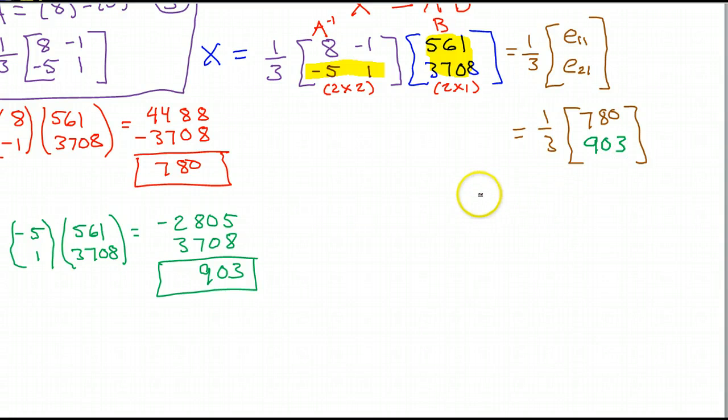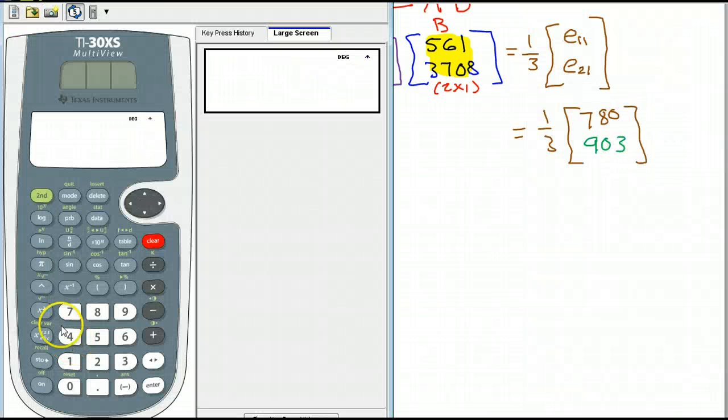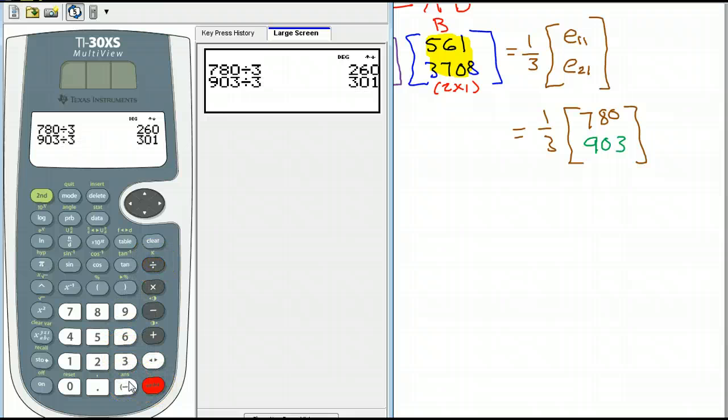All I have to do now is divide both of these by 3 to deal with that 1/3, and then that should be my final answer. Alright, so we get 260. You can probably guess what this one's going to be. And you guessed it.